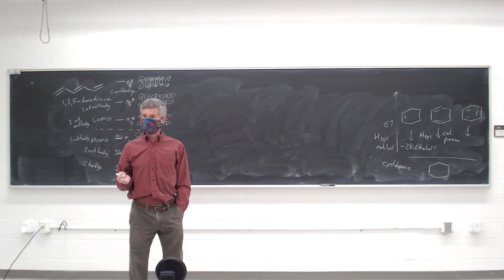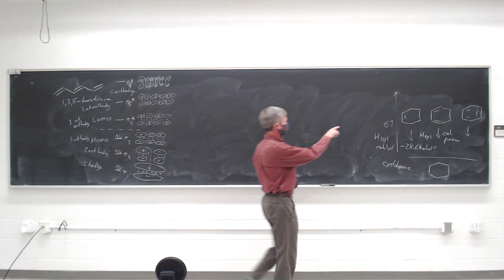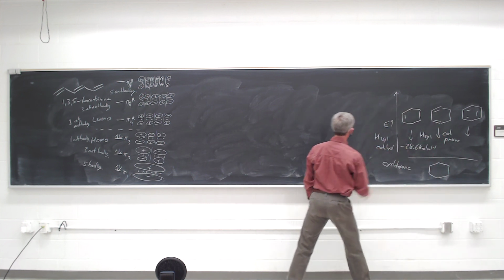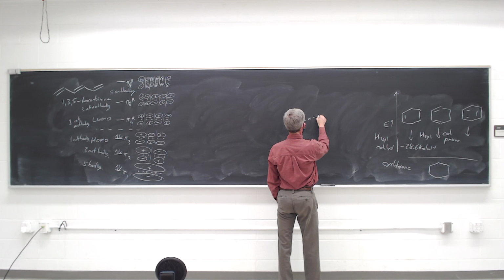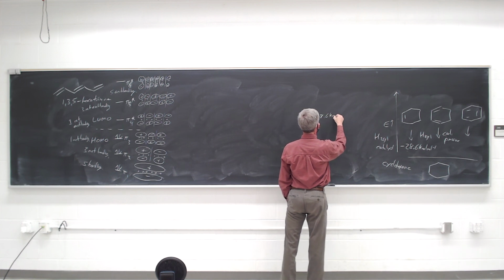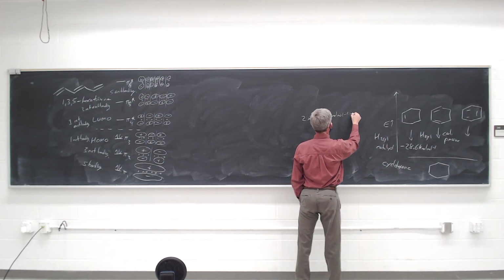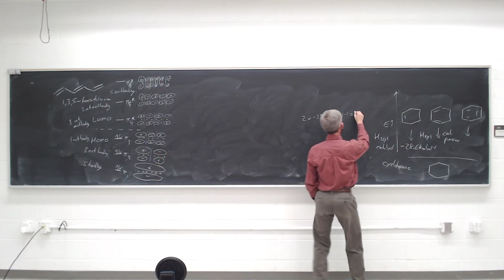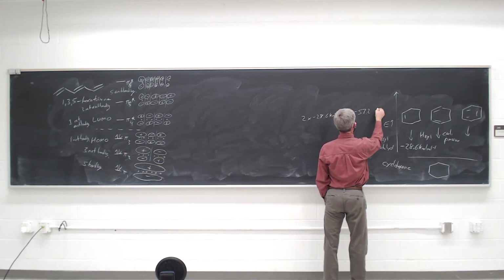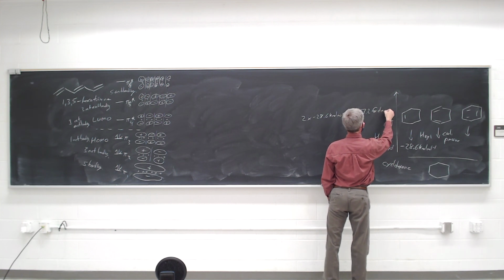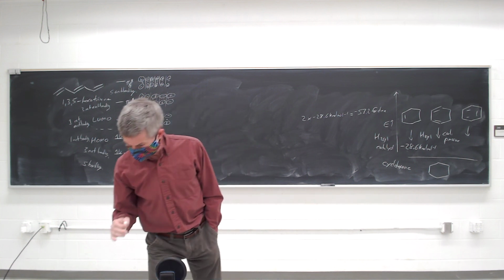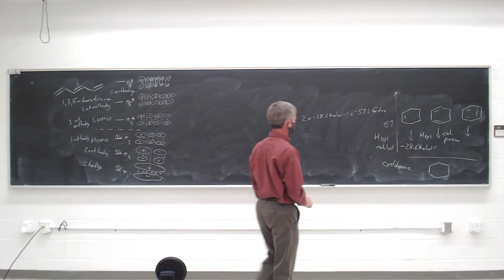So we would predict that if we hydrogenate 2 double bonds, we might get 2 times minus 28.6, so that would be minus 57.2. But we actually observe not minus 57.2, but minus 54.9.